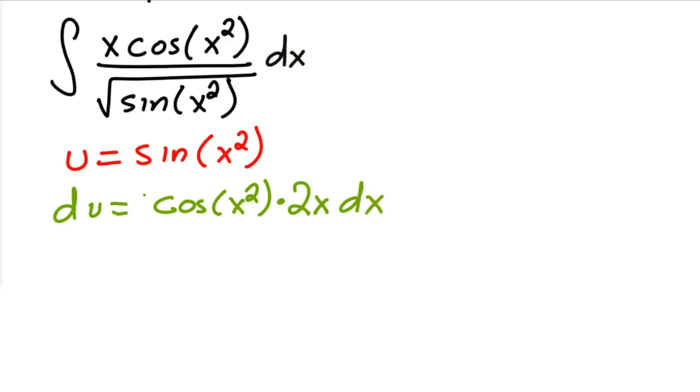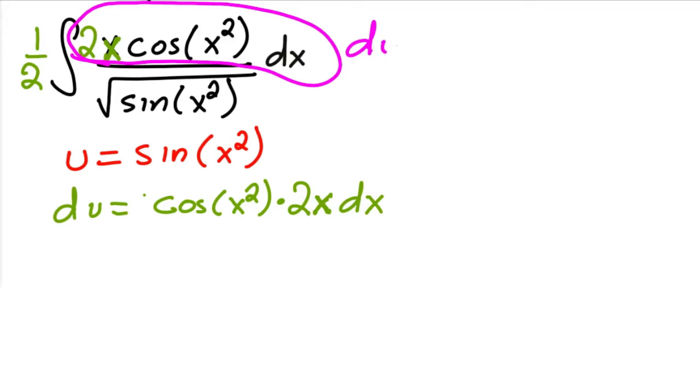And notice that because of the chain rule, it added another x in here, which is this x that we have right here that we thought was extra. So here, cosine of x squared times x is almost exactly the same. The only difference is that you need a 2 here. So, well, that's easy. Put a 1/2 on the outside, and bada bing, bada boom. du.